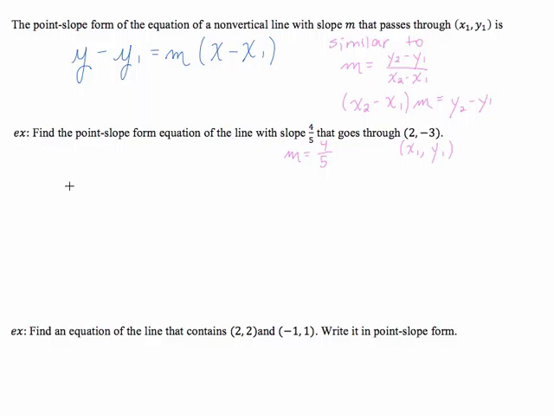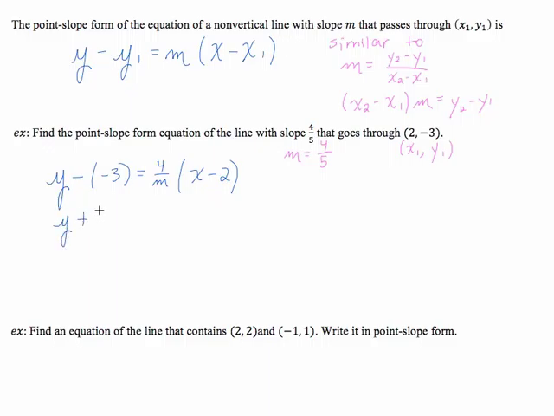So we just plug it straight into the equation of the line. So you have y minus -3 equals, that's my y minus y1, equals the slope m, 4/5, times the x minus x1, which is x minus 2. This x and this y are the variables, so we just want to leave them x and y.